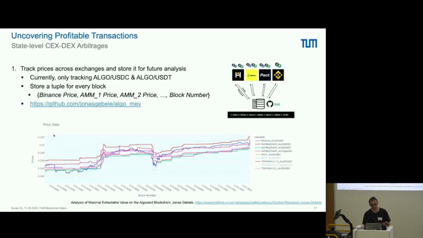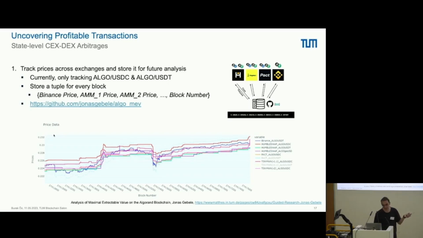We did work on understanding this. The first question we asked was, if there is a DeFi market running on Algorand, then because there are multiple DEXs all with similar pools, there must be someone doing the arbitrage, leveling these prices. So we track the prices on Algorand of the same pools on different markets, and of course, we see that most of the prices are similar to each other.